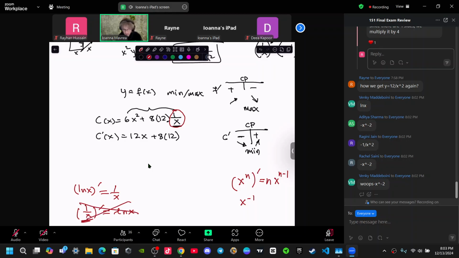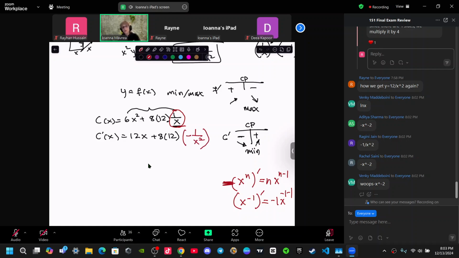You bring the power down and write the power with 1 less. That's one rule. There's only one rule for power functions for the derivative. The integral has rules, but we're not taking an integral here. So the derivative here is negative 1 over x squared.